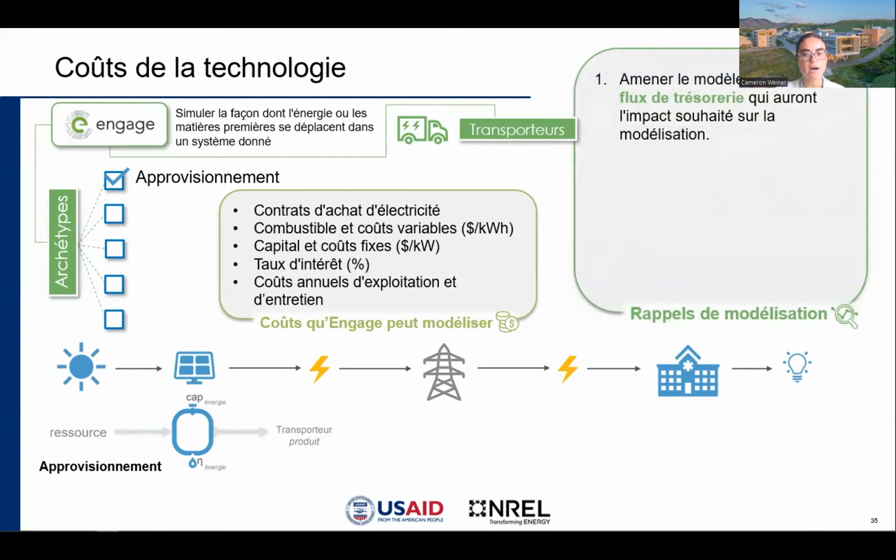It's important to keep in mind, though, that the objective in Engage is to define the parameters in the model to represent the costs and cash flows that are going to represent your real world technology in the way that you want it to.